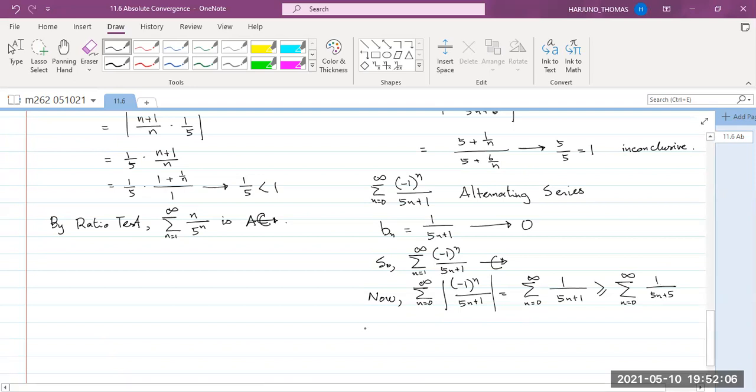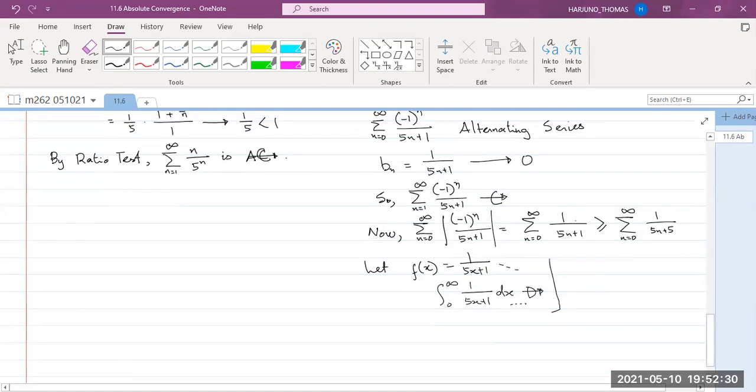So let f(x) equal 1 over 5x plus 1, and take the integral from 0 to infinity of 1 over 5x plus 1 dx. You will see this is divergent. Let's you show the work there. But another way to do it is this.